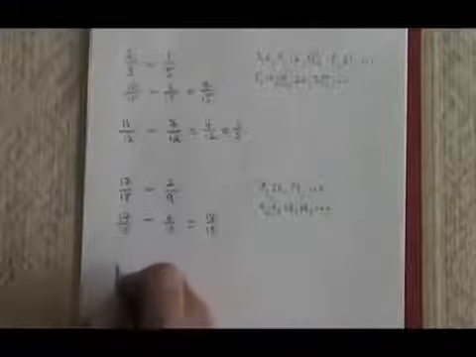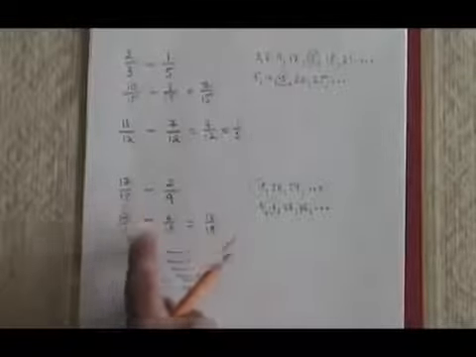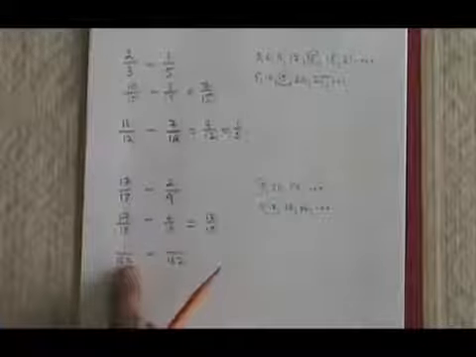18 times 9 is equal to 162. So we would have to put both fractions over 162. That's a rather large number. But 18 is converted into 162 by multiplying it by a 9.